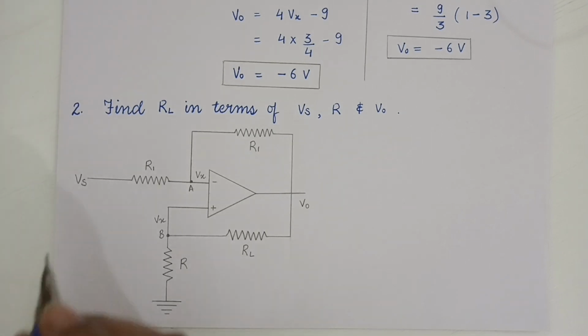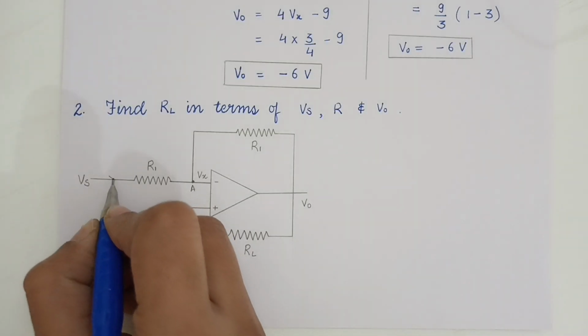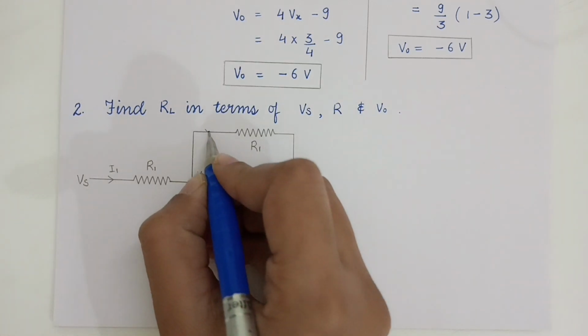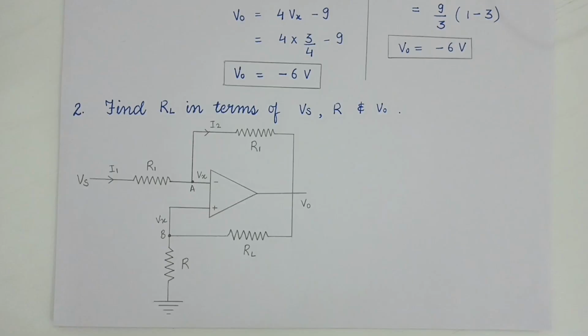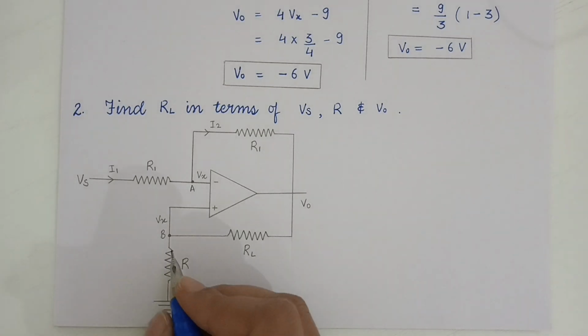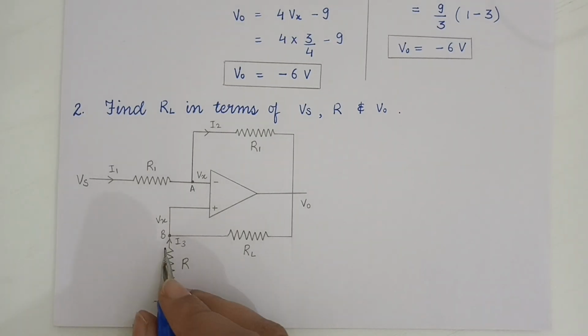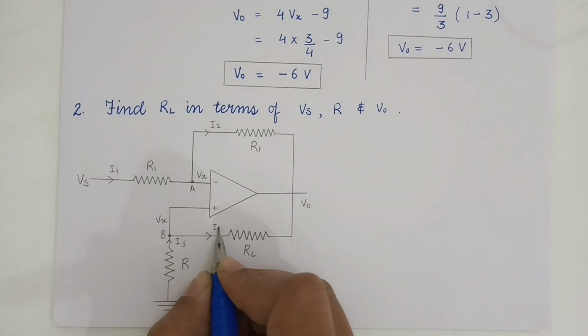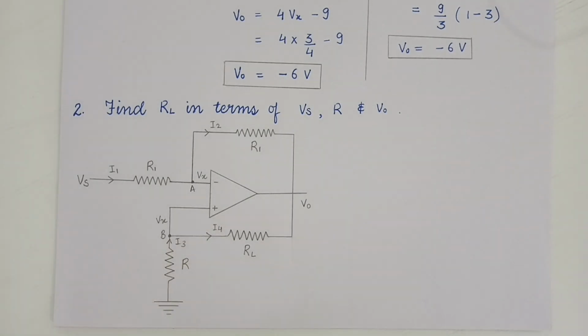So let us say that this incoming current is I1. Here this outgoing current is I2. Similarly at this side, let this be I3 entering from this side, and this outgoing current will be, let us say, I4. So that's it.